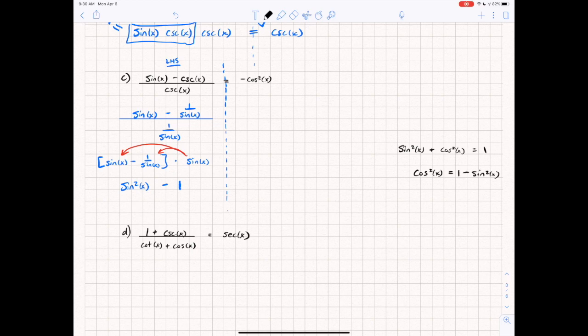Now, notice how on the left-hand side right here, this is backwards from what we have in the identity. And notice that what I'm trying to get is also backwards in the sense of it's negative. So if you were to negate this identity, negative cosine squared, and then over here you get a minus 1 plus sine squared, we actually show that this is equal to negative cosine squared, because this right here is sine squared minus 1.